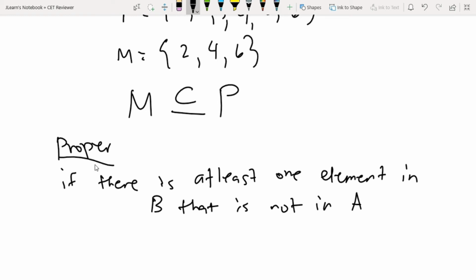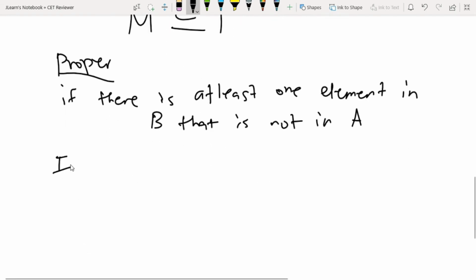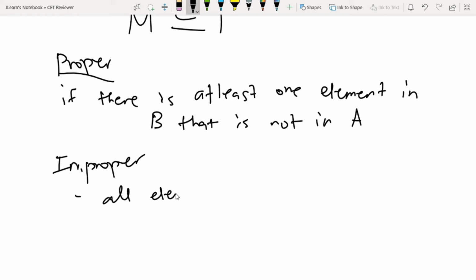So that is the proper subset. Next is improper. Basically, an improper subset is when all elements in A are in B.